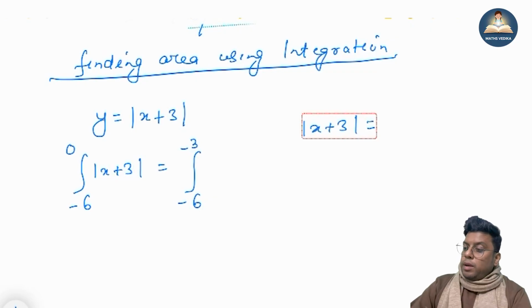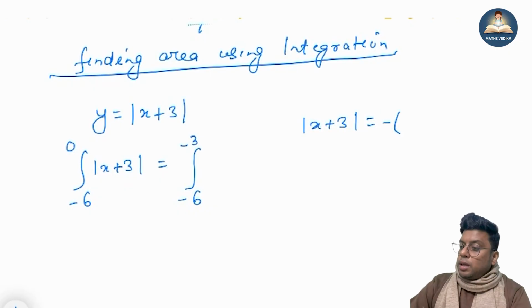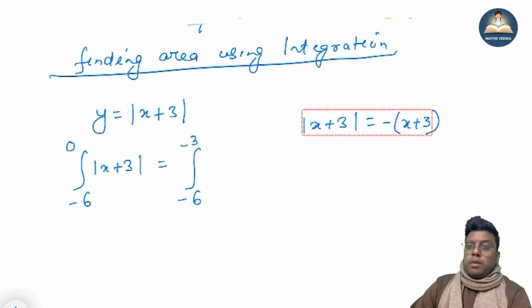So when we take this value out of the mod sign, we'll put another negative to convert it into positive, because after solving mod we have to keep the value positive.